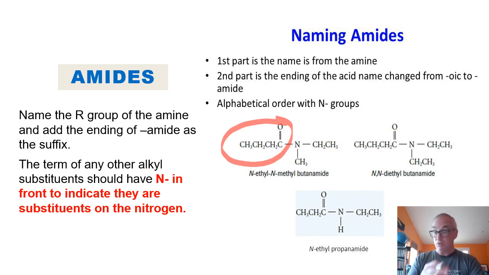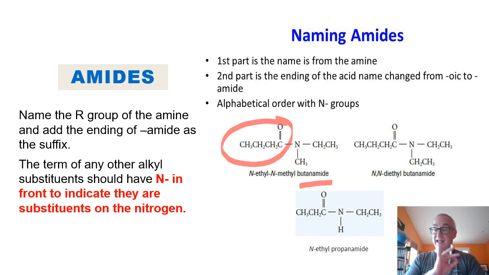So usually the name is going to be based on that long carbon chain attached to the carbonyl. In this instance, we got 1, 2, 3, 4. That's butane, so that would be butanamide. So we put amide at the end to let us know it's an amide.